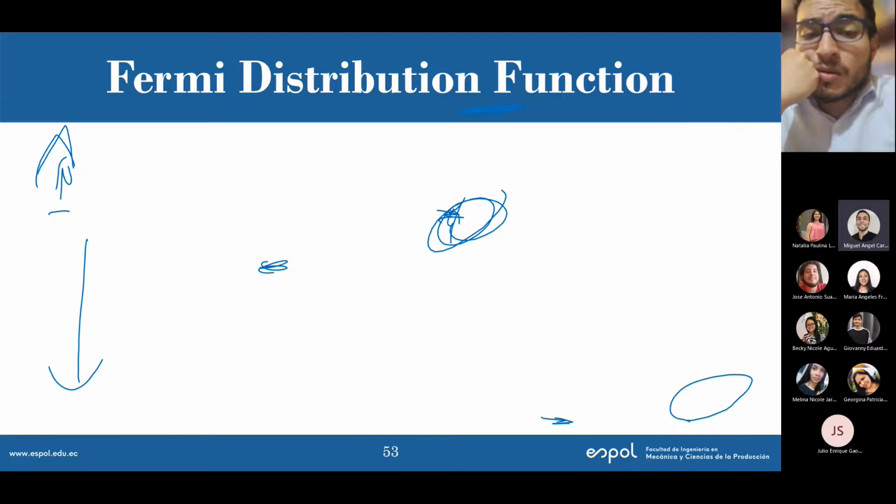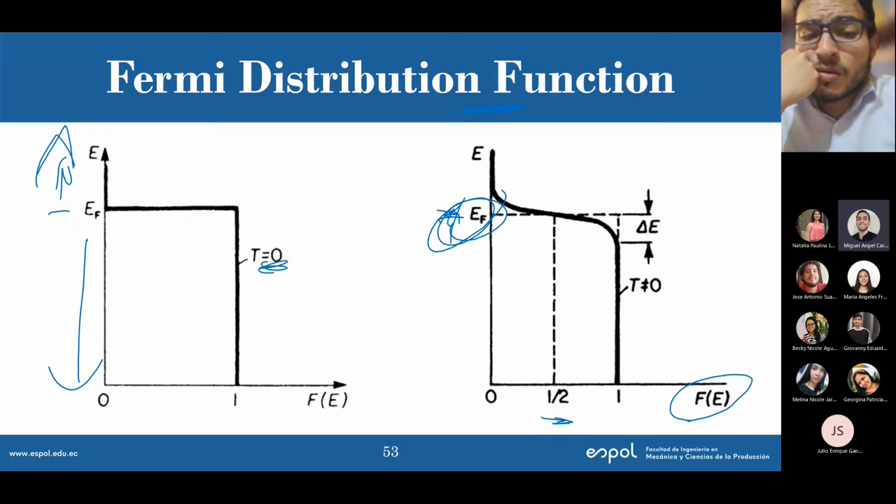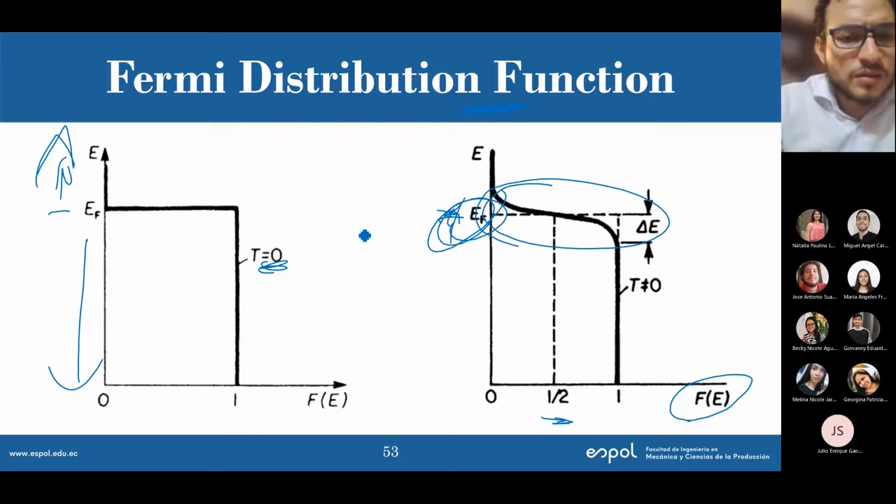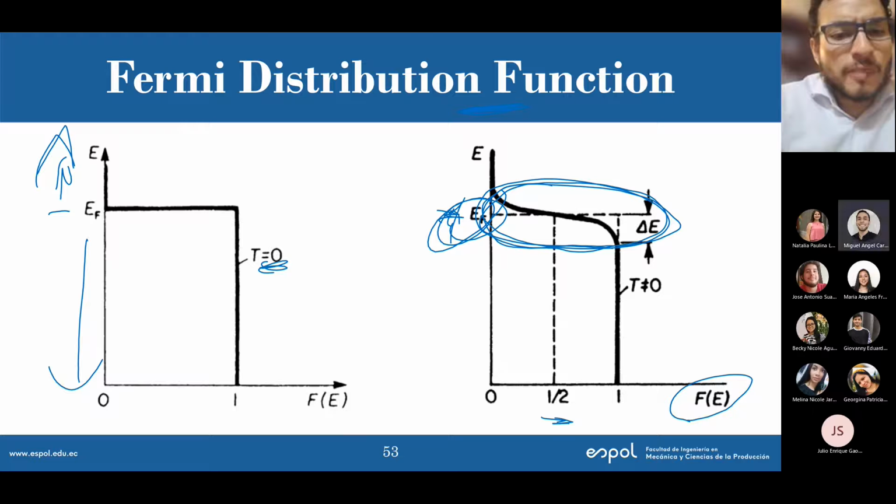But in this model, I can't see that. Okay, wait, I don't quite understand what you mean. You're asking why is this changing? No, why does the probability become half of the energy of the distribution?